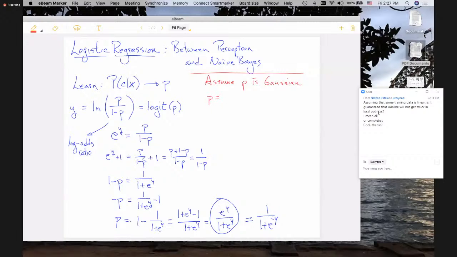But here, with this assumption that P is a Gaussian, we can actually write P. Actually, I'm going to go back to the longer notation here. For a two-class problem, we're going to say that the probability that the class is equal to 1 given X can be written using a logistic function.